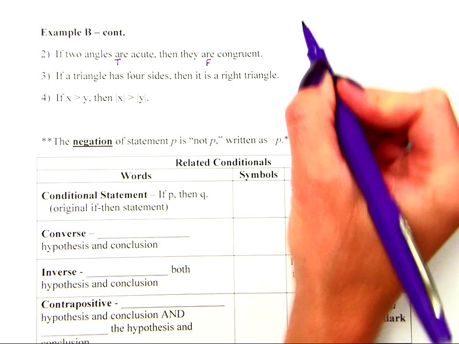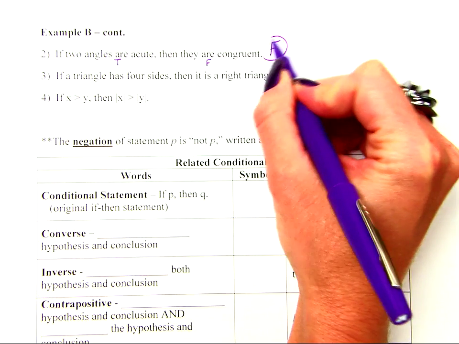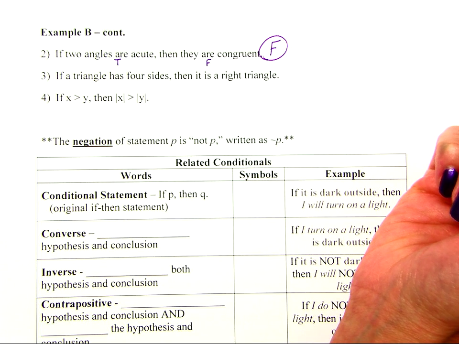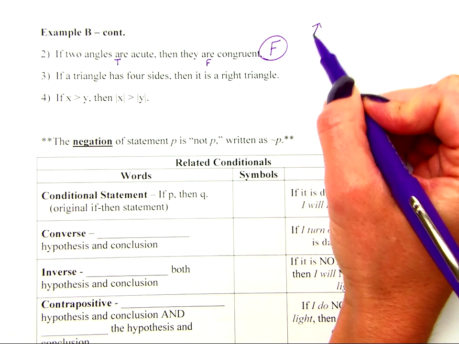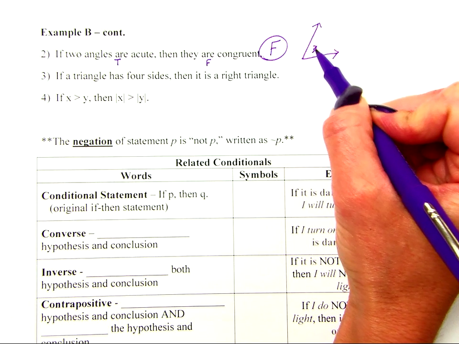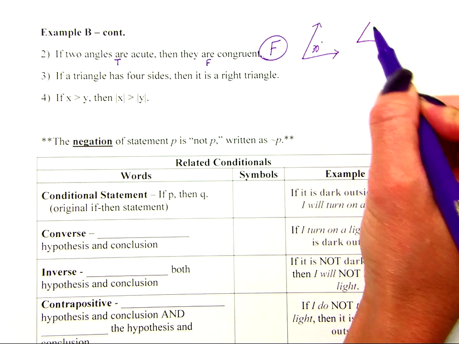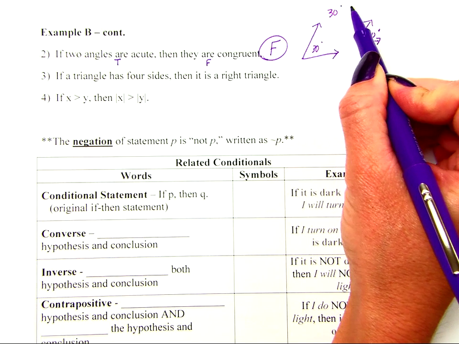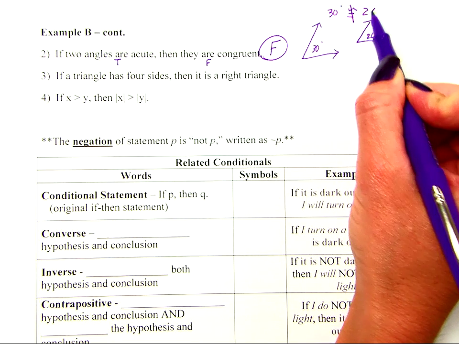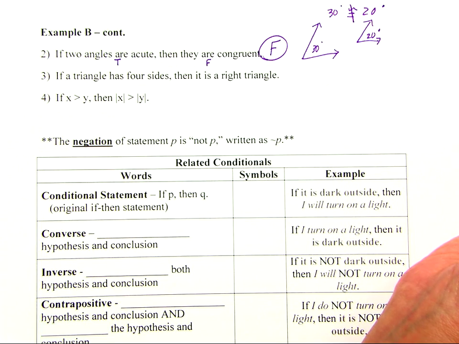No. So I'm going to say that one has a false truth value. It doesn't hold true 100% of the time, and I might just give an example as my explanation: I can have a 30-degree angle and a 20-degree angle, and they are not congruent to each other, but they're both acute.